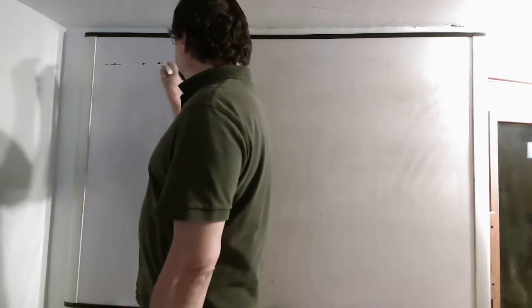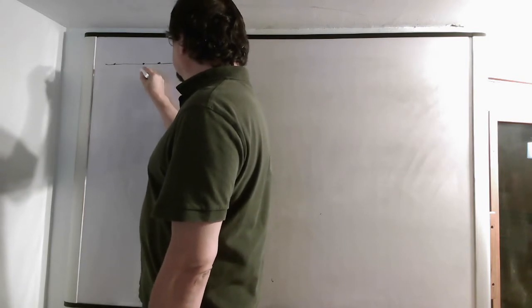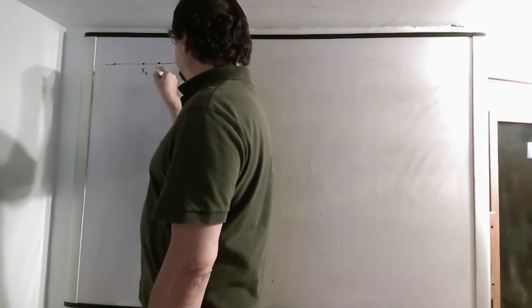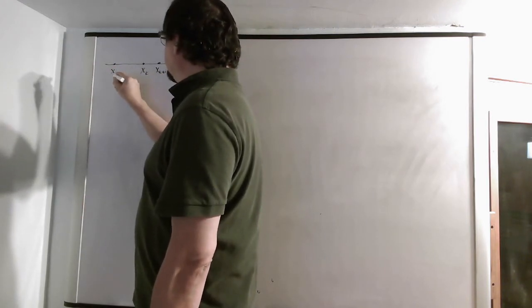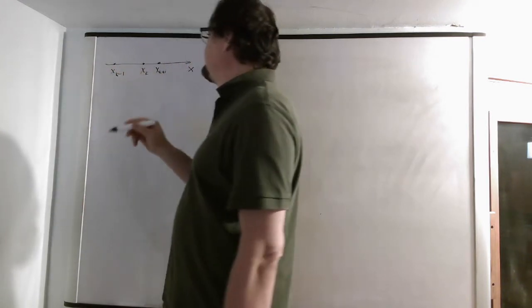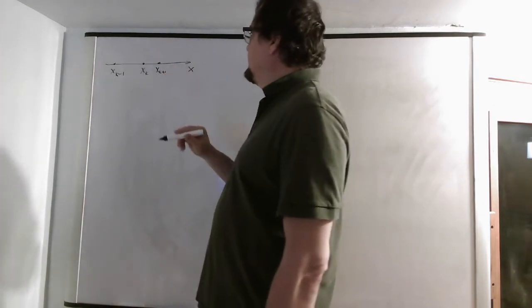So we have, let's say, some grid points, xk plus 1, and they can be spaced pretty arbitrarily, not necessarily equally spaced.